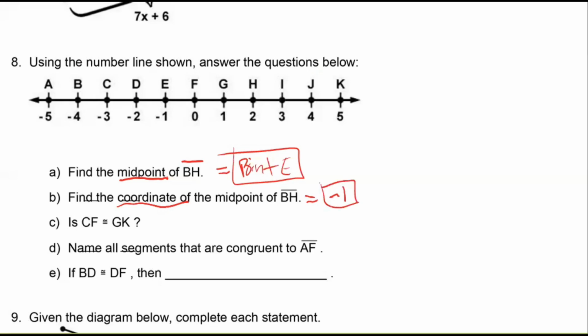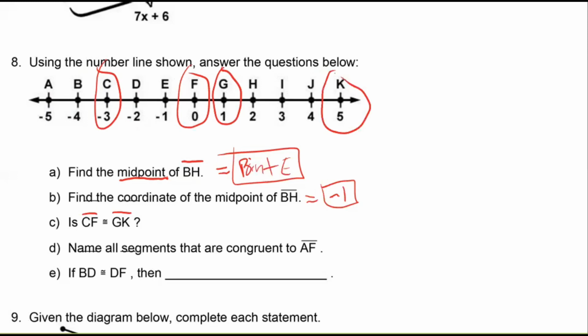Too easy, right? Now here, these lines right here, they're supposed to be down here. So it just kind of gets shifted up. So if we're talking about CF, so from C to F, it's saying it's congruent from G to K.